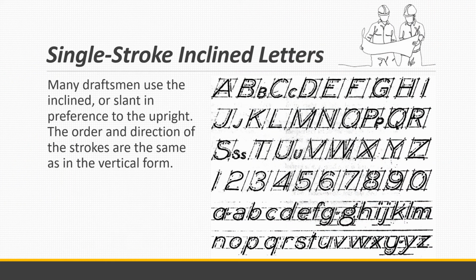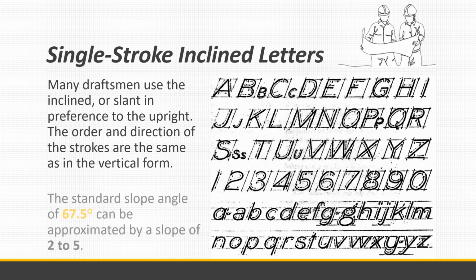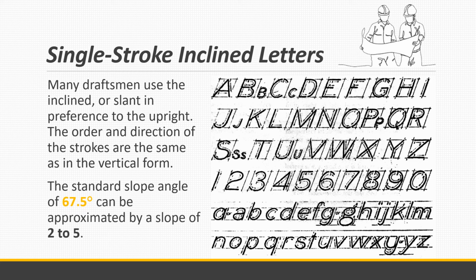So, meron ding single stroke inclined letters. So, many draftsmen use this stroke or slant in preference to the upright. So, yung stroke nila is same lang dun sa vertical letters, but this specific type of lettering is inclined siya about 67.5 degrees or approximately 2 to 5 na units.